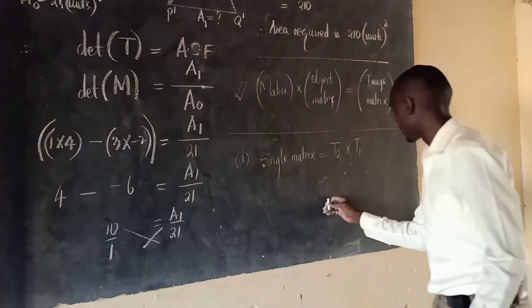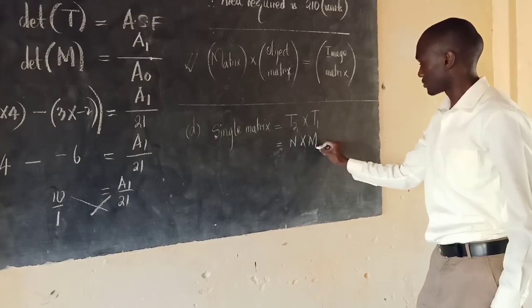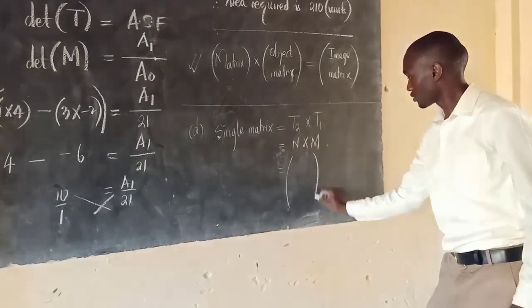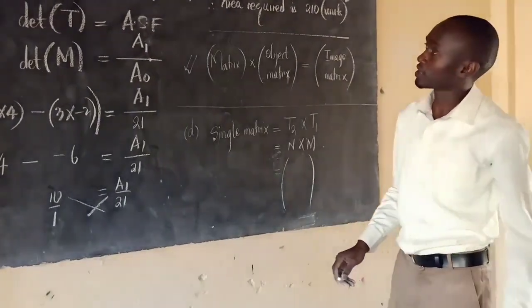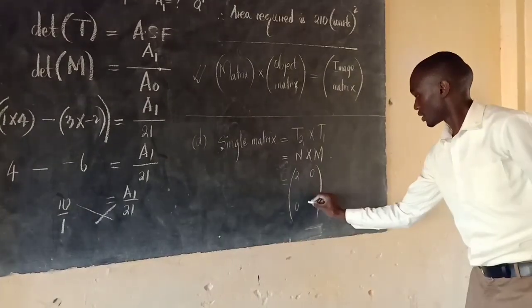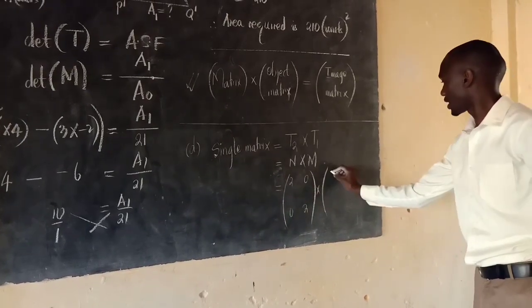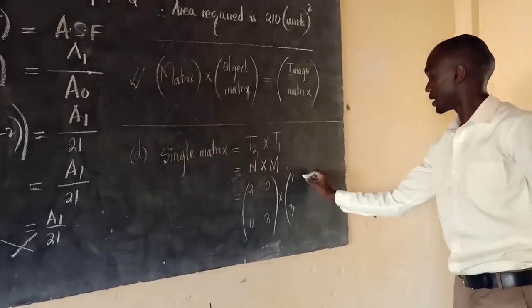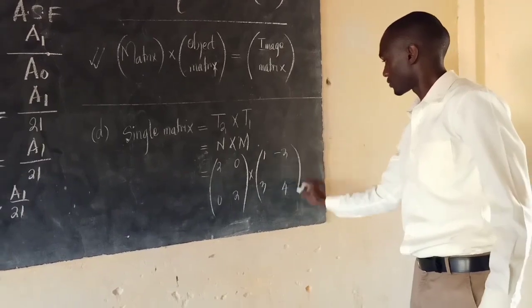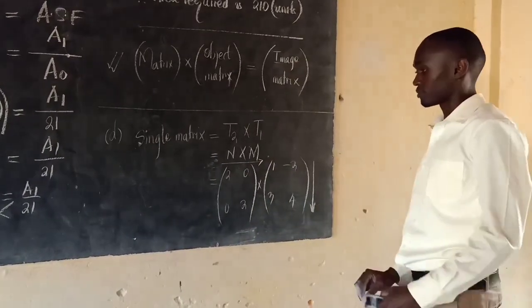So we'll have this as N times M, where N, we know it, N is given as 2002 multiplied by M, which we have as 13-24. We follow the pattern row by column.